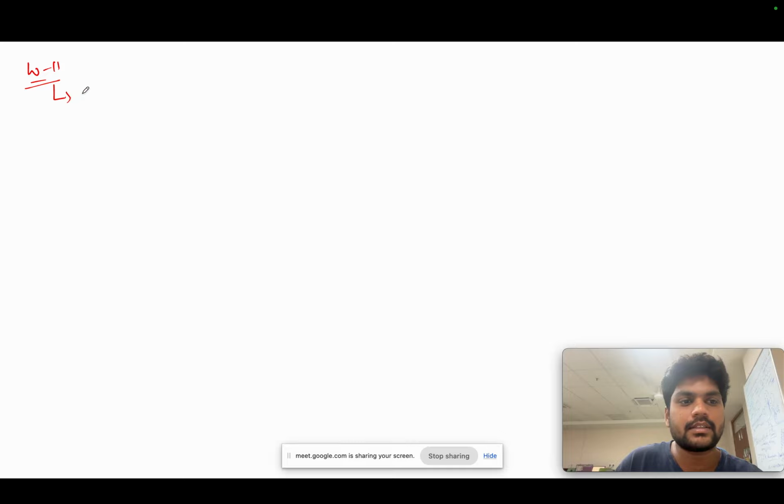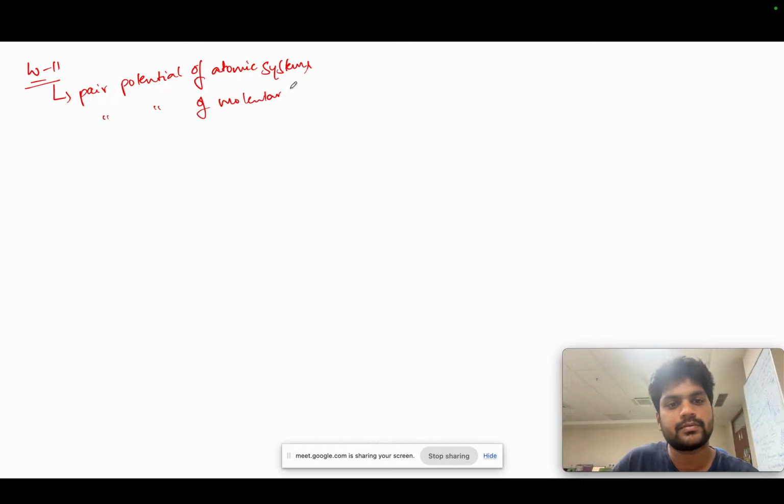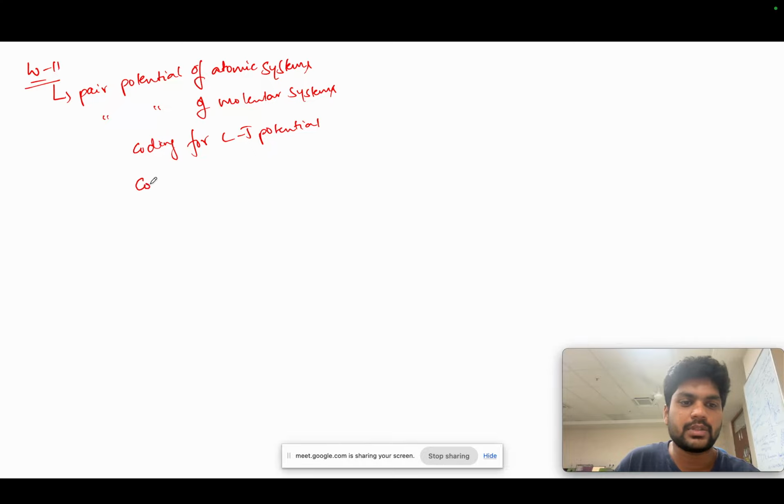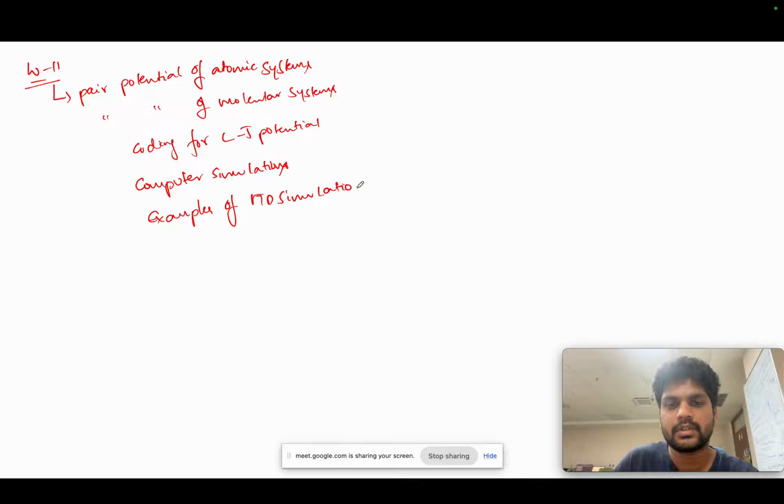So in the week 11 class, you have pair potential of atomic systems, pair potential of molecular systems, then coding for LJ potential, and then computer simulations, and then examples of MD simulation or the script.